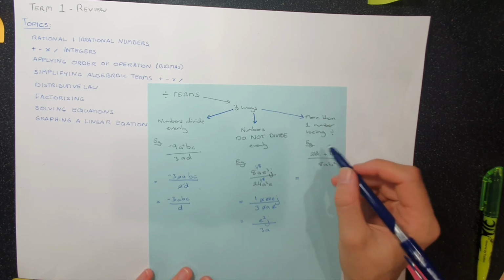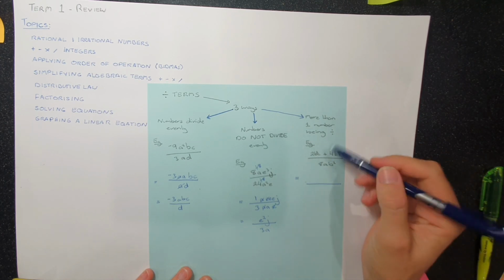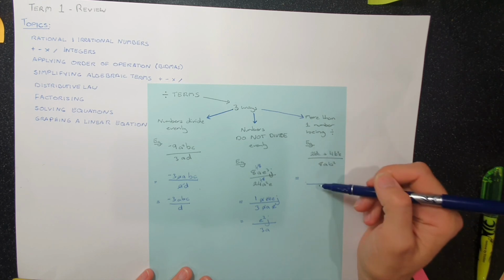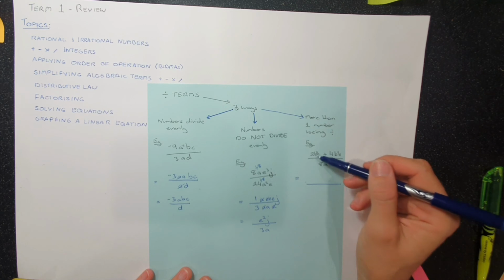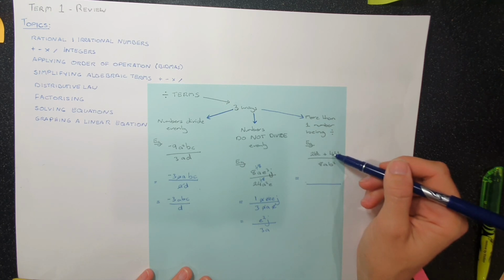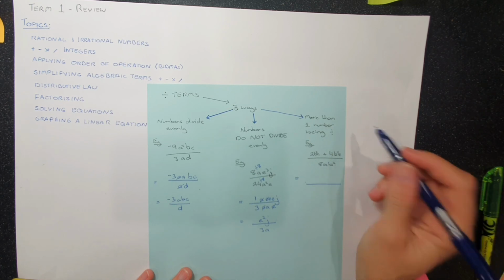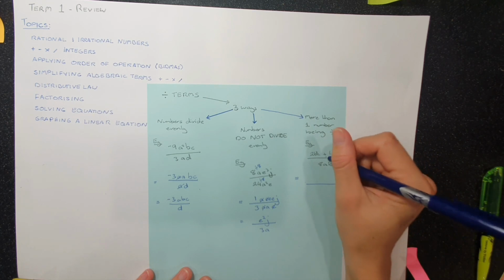If I'm looking at my numbers first, I'll draw in my vinculum because it's very important. I've got a 2, a 4, and an 8, so +2, +4, and +8. I know that 2 can't be divided by 8 evenly, and neither can 4, particularly because 8 is bigger than both of them. So I need to work out the highest common factor that can go into all of them.